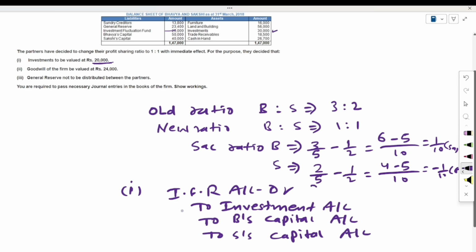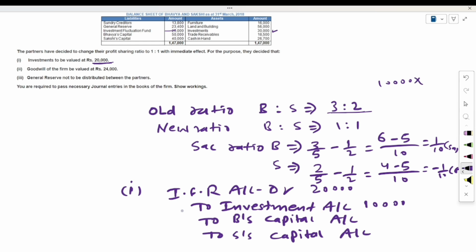Your investment fluctuation reserve was 20,000. The fall in the market value of the investment was 10,000. Then the remaining balance of 10,000 will be credited to the partners' capital accounts. In which ratio? In the old ratio, not the new ratio.